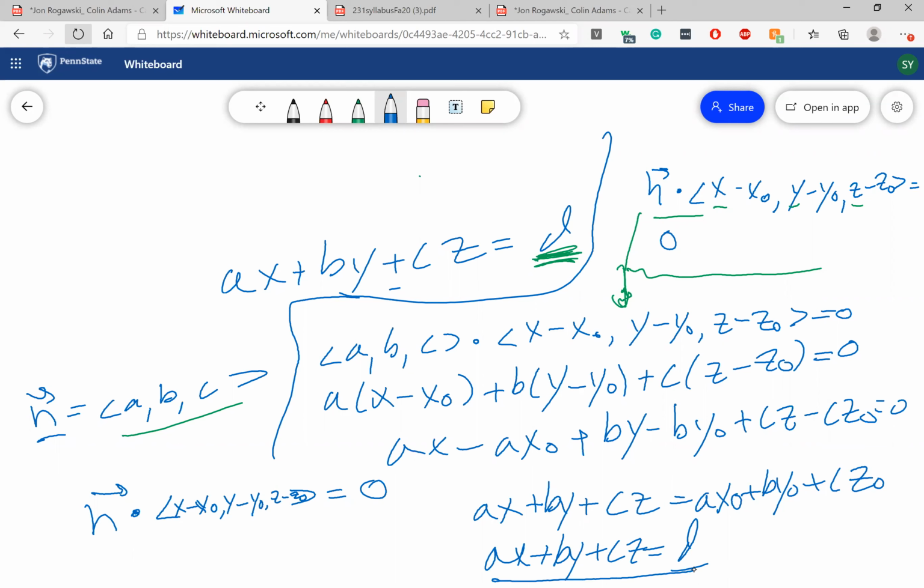Now, if I have a normal vector and a point, I can find the plane that goes through that point with that normal vector fairly easily. So is this good? Can I erase this and then I'll try to show a problem like that? Yeah, go ahead.